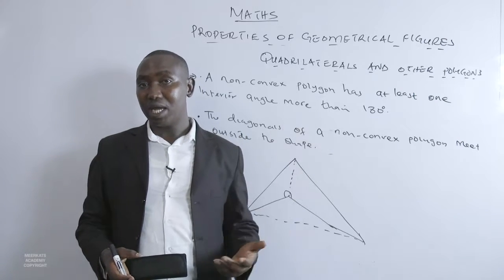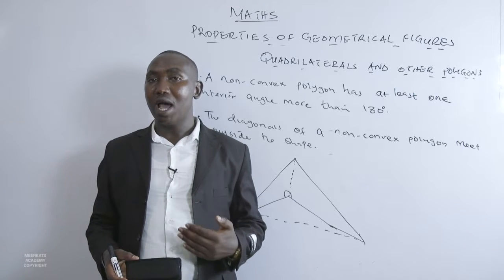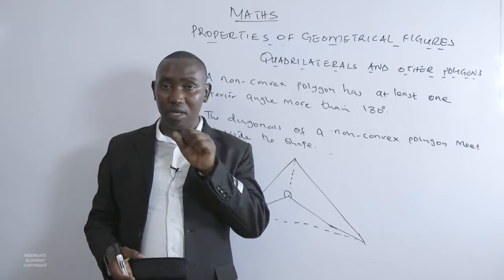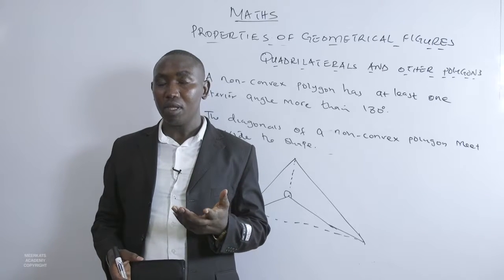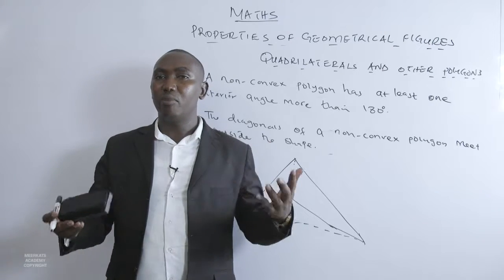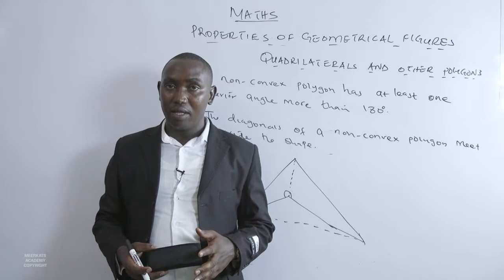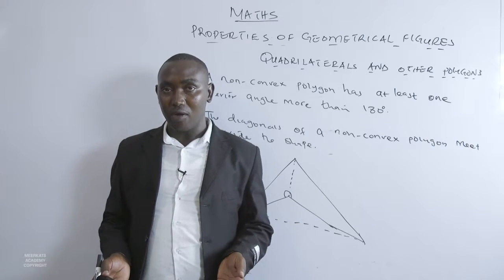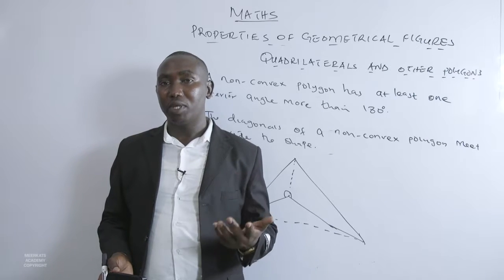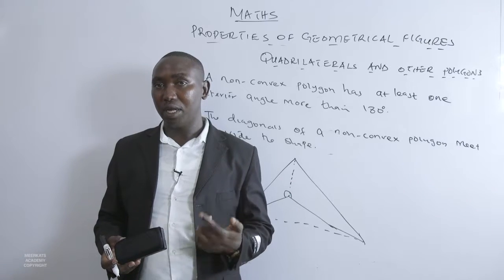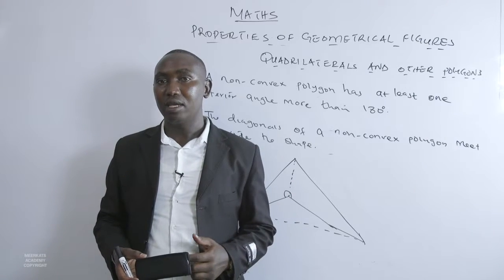As we previously said, a triangle has 180 degrees. So what if you have another polygon composed of more than one triangle? Let's say it has two triangles. Then that will automatically tell you that the figure will have a total of 360 degrees internally.